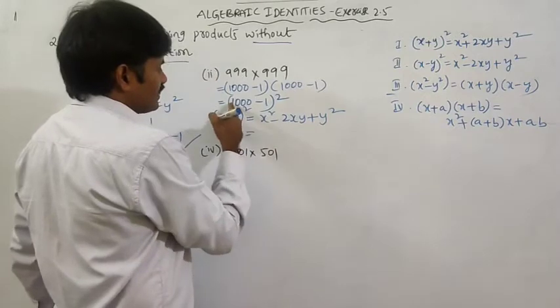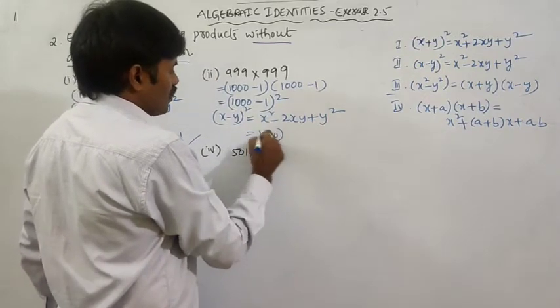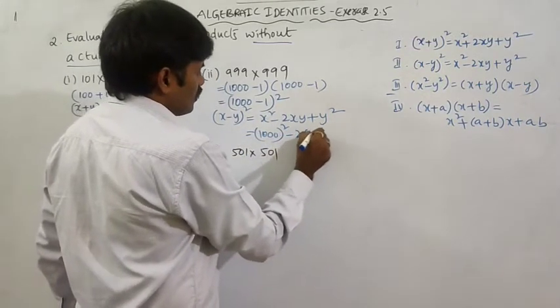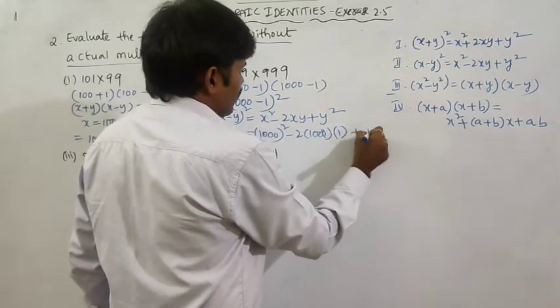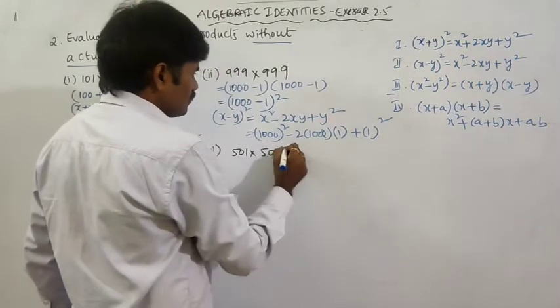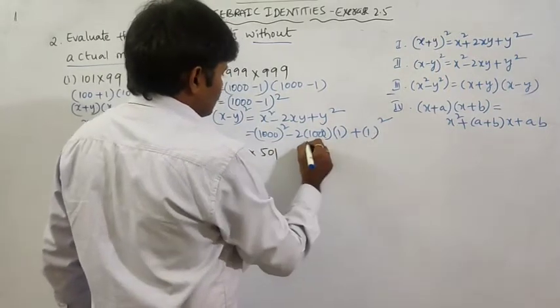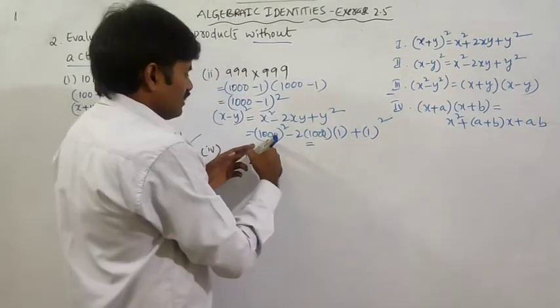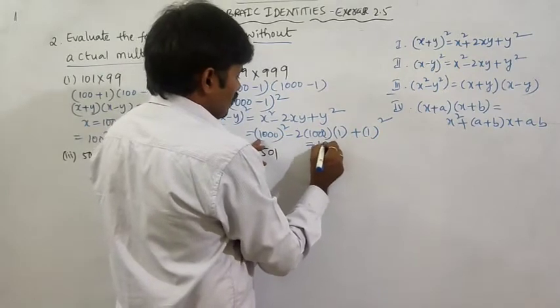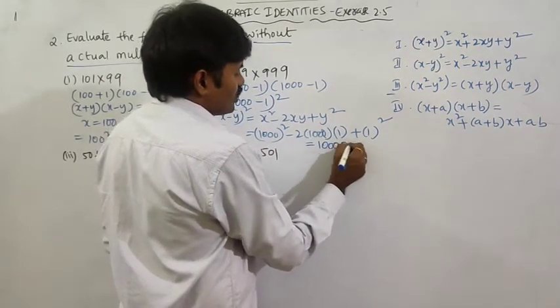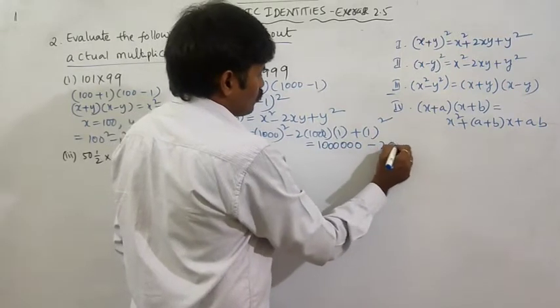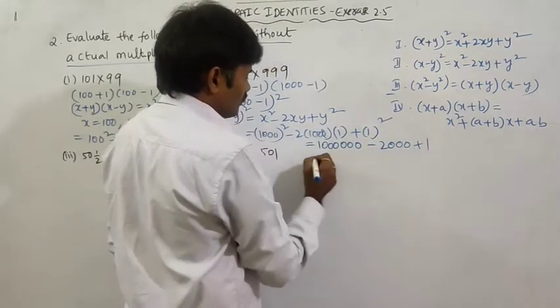Here, what is x? 1000 whole square minus 2 into 1000 into what is the y value? 1, plus 1 square. If we simplify, how much do we get here? 1000 into 1000, we get 1 with 6 zeros, minus 2000 plus 1.